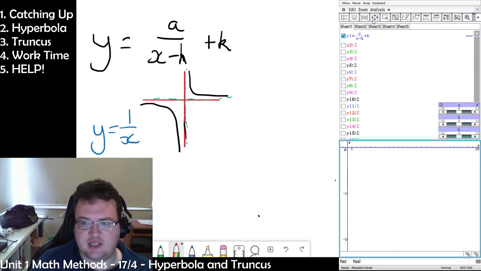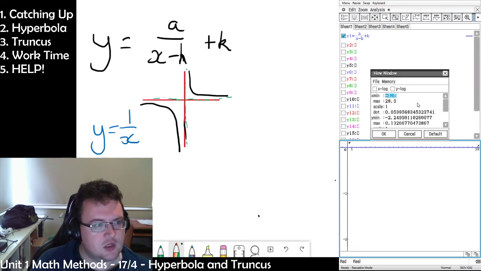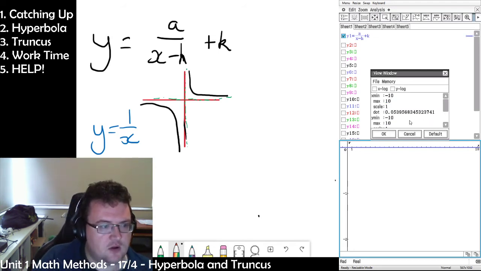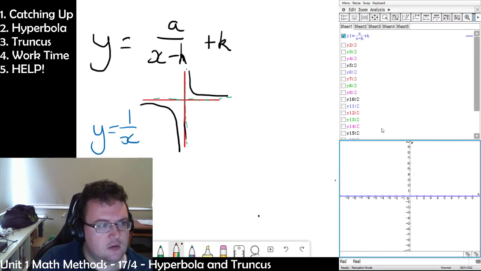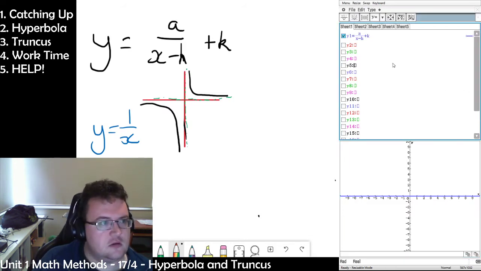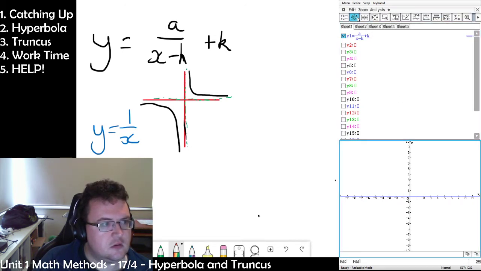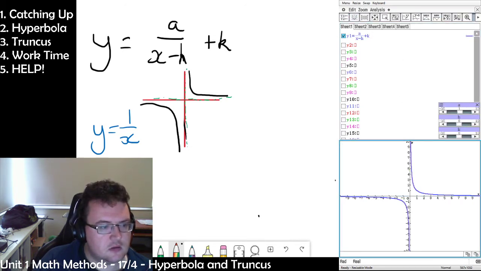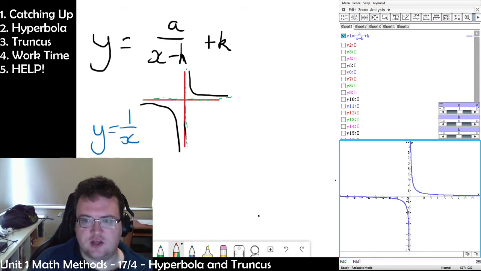Now we need to set our window properly. We want x min minus 10, x max 10, y min minus 10, y max 10 as well. Now our graph looks like that.